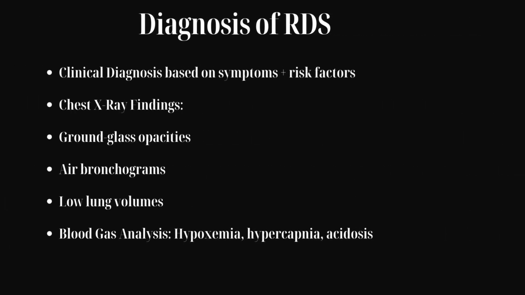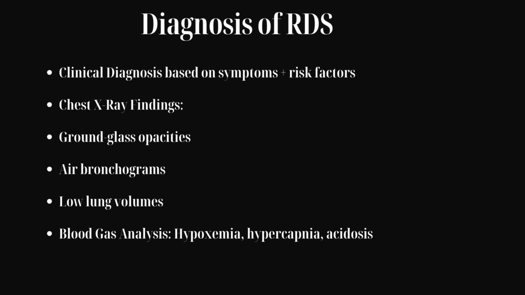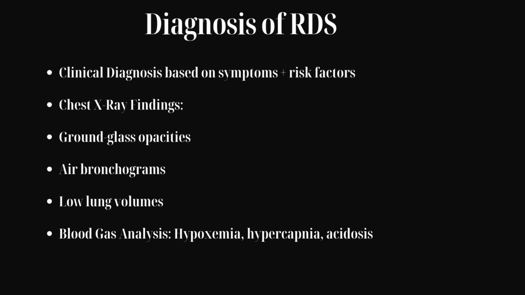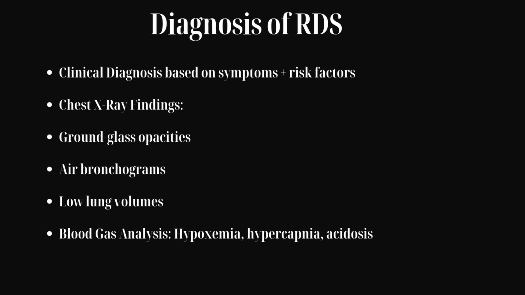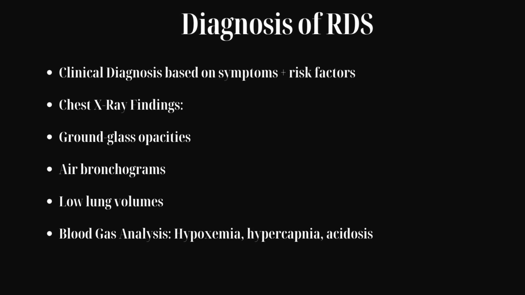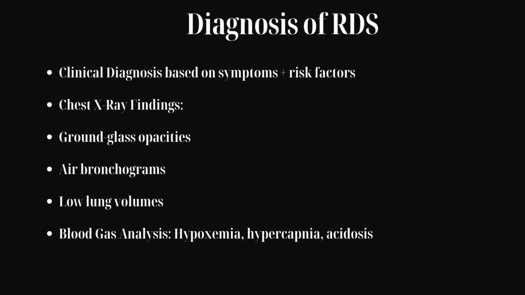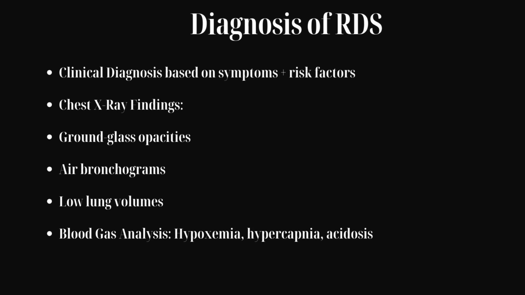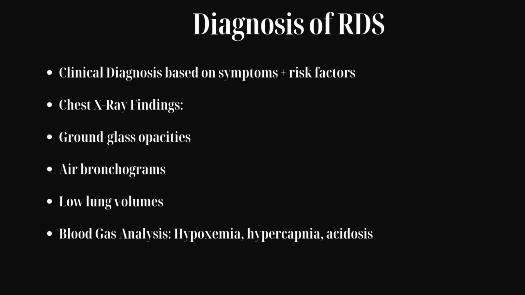The diagnosis of respiratory distress syndrome is primarily clinical, supported by imaging and laboratory findings. Chest X-ray findings include ground glass opacities due to atelectasis, air bronchograms, low lung volumes, and blurring of the heart borders.